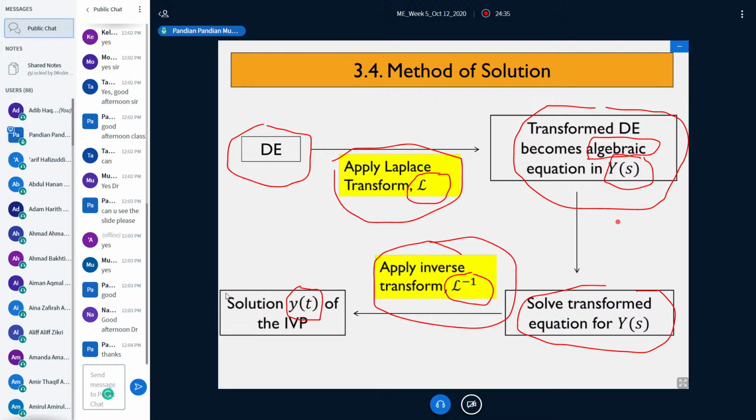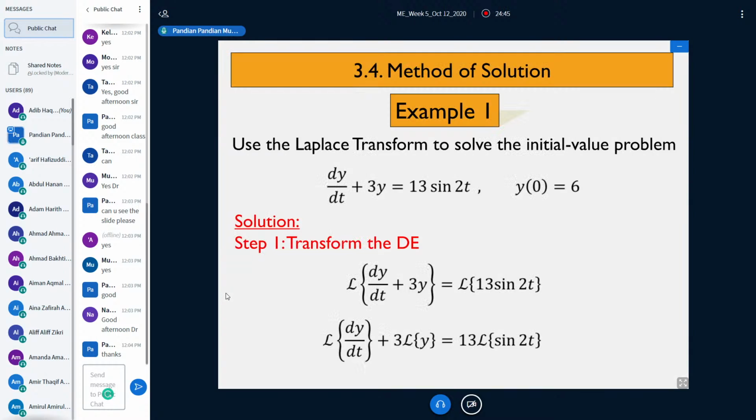But if you have any other method, you are most welcome. But whatever it is, the final answer y(t) must be the same. So we show you an example of how to use Laplace transform, and all the tables, including the partial fraction and the translation theorem, everything, 3.1, 3.2, 3.3.